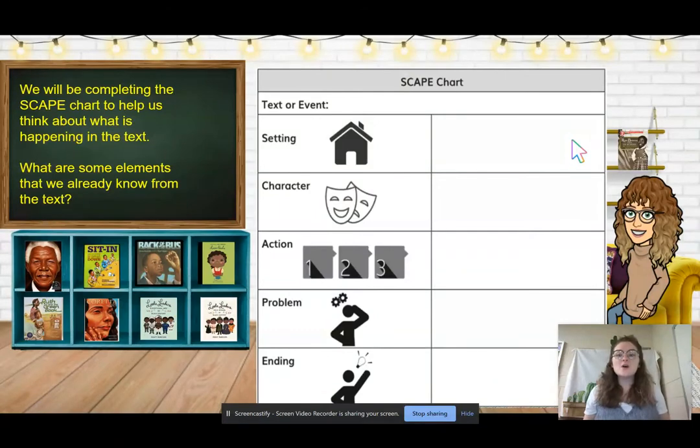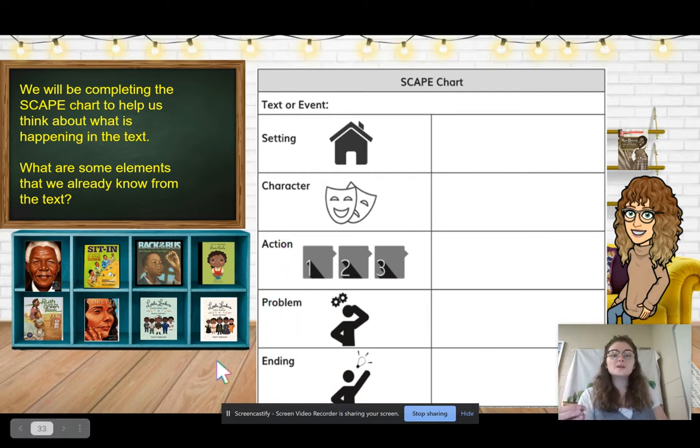All right, so our pizza bite question today is what's happening in the story of Ruby Bridges? So with our last writing task, we used the scape chart. And we used the scape chart to talk about the setting, the characters, the actions, the problem, and the ending.